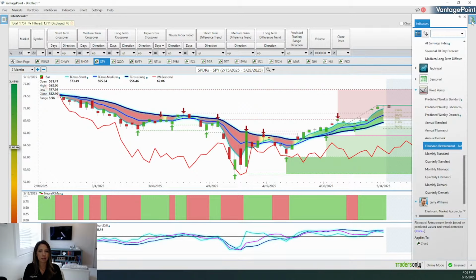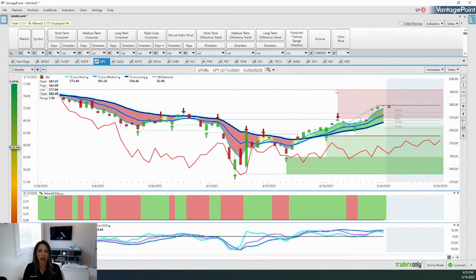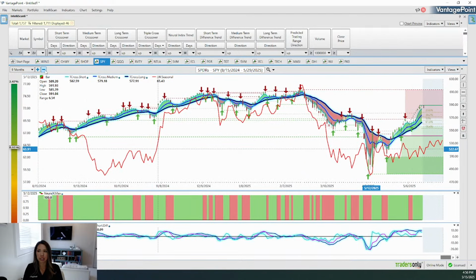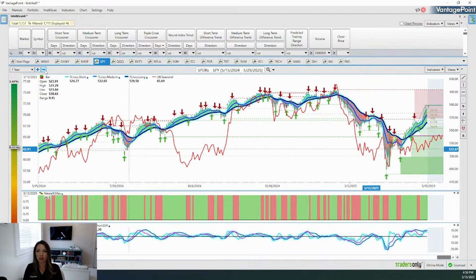So let's take a look at some other assets here that we had talked about to identify those seasonal shifts in the market. And again, even if we back out, we can see really how closely a market follows a seasonal trend just by backing the chart out and taking a look to see where we were even a year ago, right?